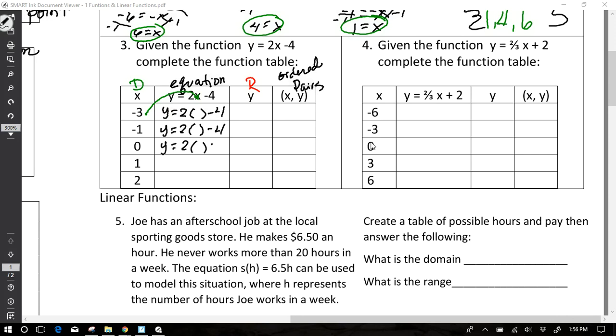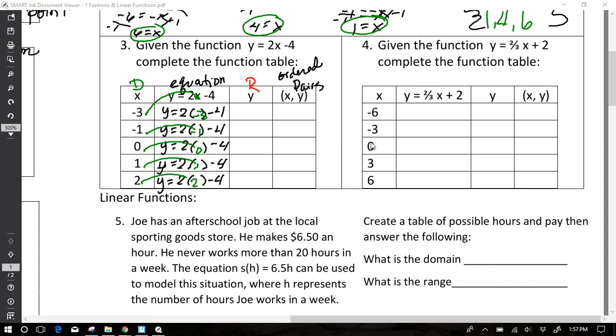I'm going to just go ahead and do this all the way down to make it easier for myself. And now I'm ready to plug in each of my domain values. So -3, -1, 0, 1, and 2. So I have plugged them all in to where the x value went in the equation.